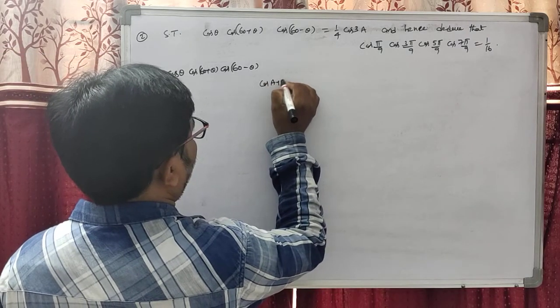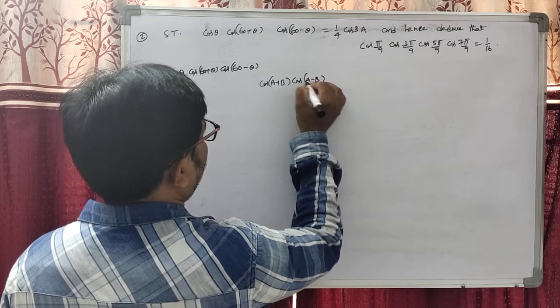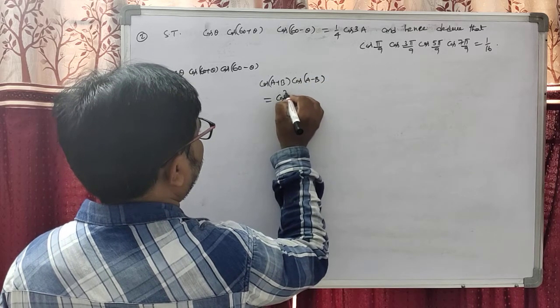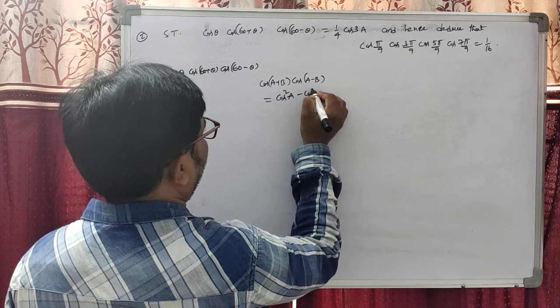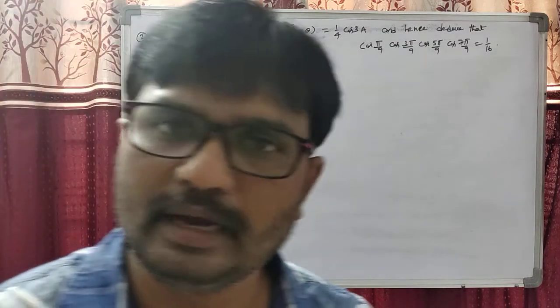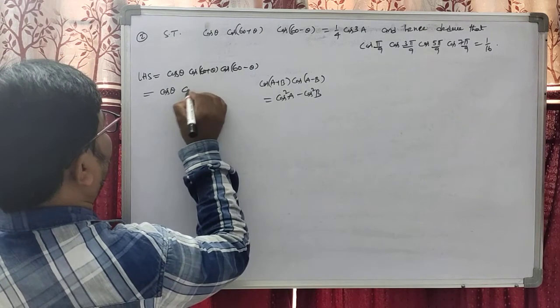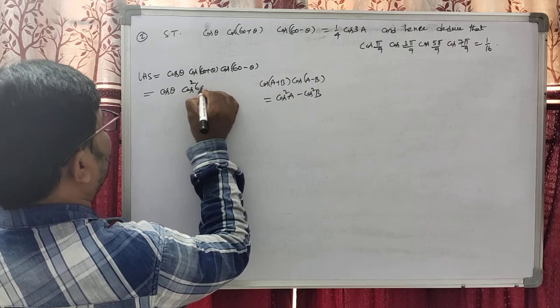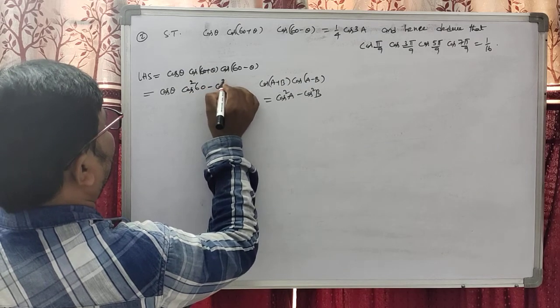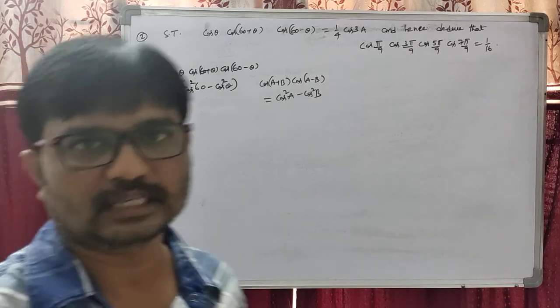Cos of a plus b into cos of a minus b is cos square a minus cos square b. That is, cos square a, cos square 60 minus cos square b.